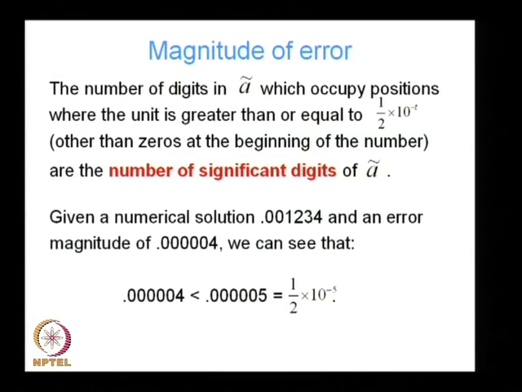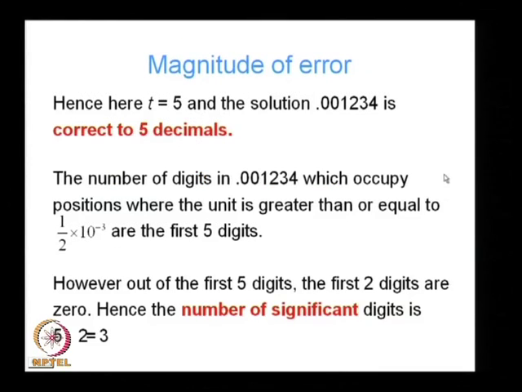Thus, we can see that our error is in the 6th decimal place. So, we can see that we have 5 correct decimals, that is, here in this solution t is equal to 5 and the solution 0.001234 is correct to 5 decimals.